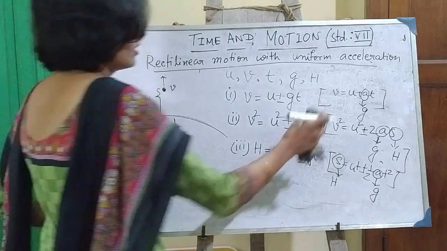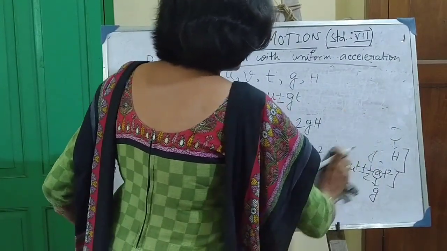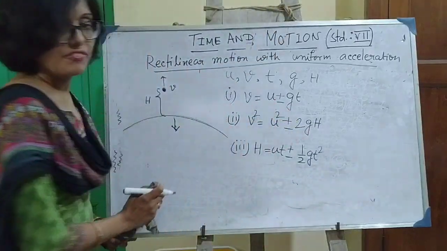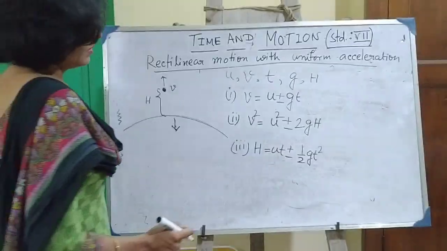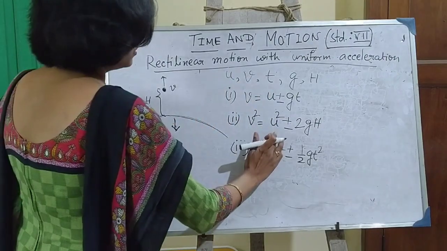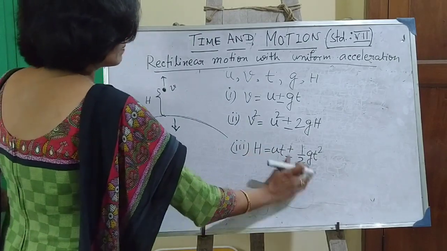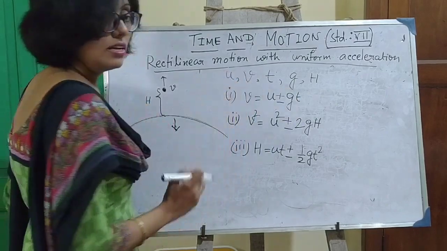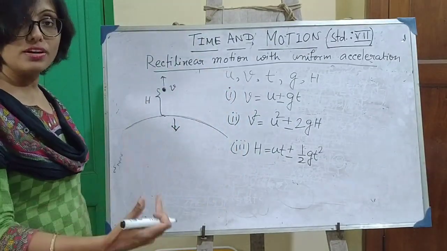And in general, for a freely falling body or a body which is moving vertically upward direction against the gravitational pull of earth, the equations of motion of the body are v is equal to u plus minus gt, v square is equal to u square plus minus 2gh, and h equals to ut plus minus half gt square. We shall use plus sign when the body is moving in the downward direction, means for a freely falling body.